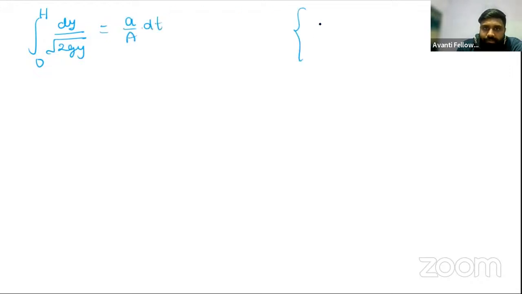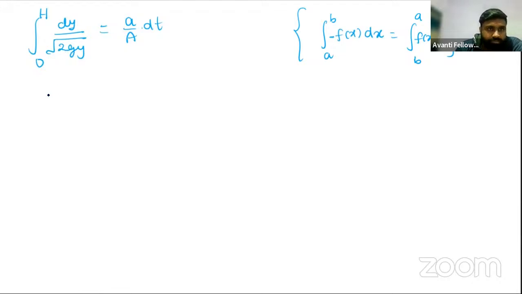So this you would remember the integration a to b of f(x) dx, minus f(x) dx will become integration b to a f(x) dx. Just inverse the limit. Okay.